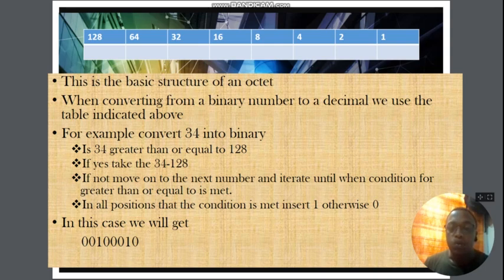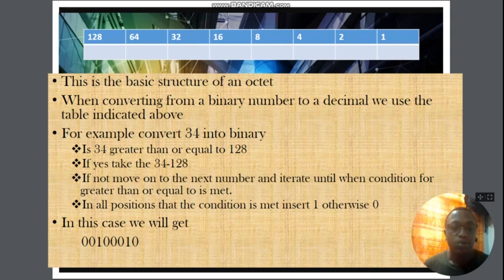Okay, so we're going to take an example of 34, and we are going to convert it from decimal to binary. When we are converting from a decimal to a binary number, we go through a number of steps, and in the octet we start with the leftmost value, that is the 128, and you work your way downwards.